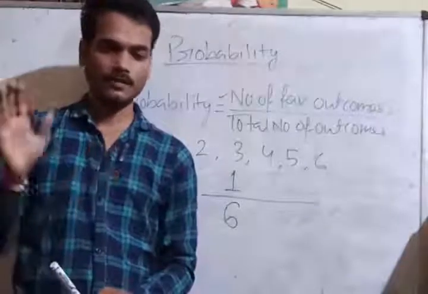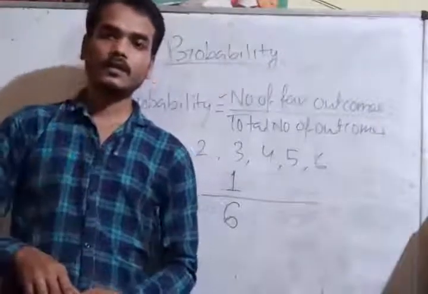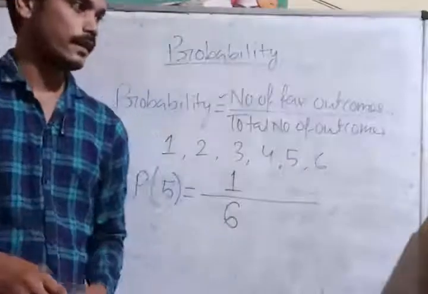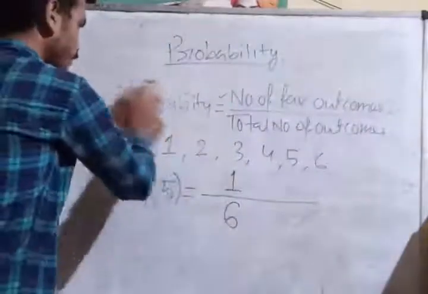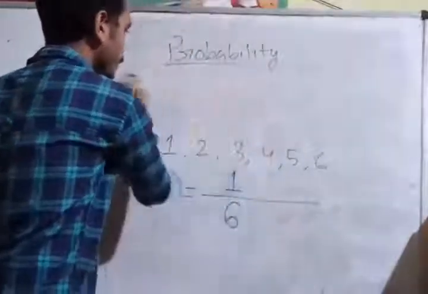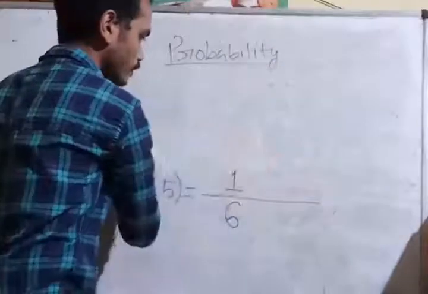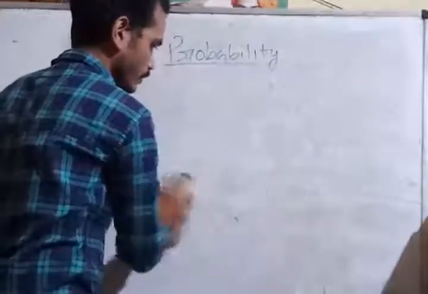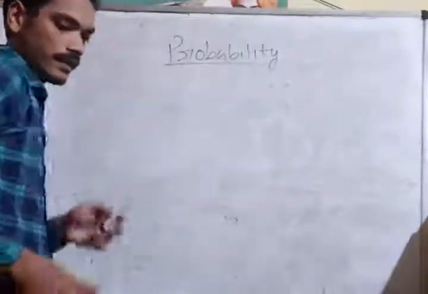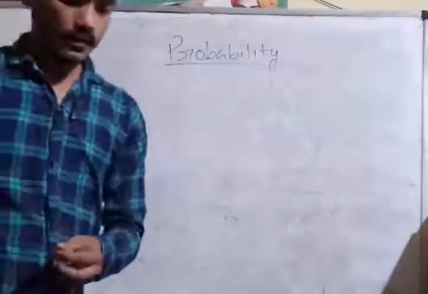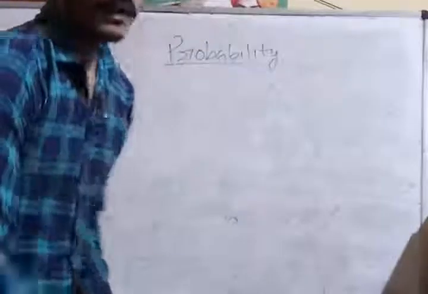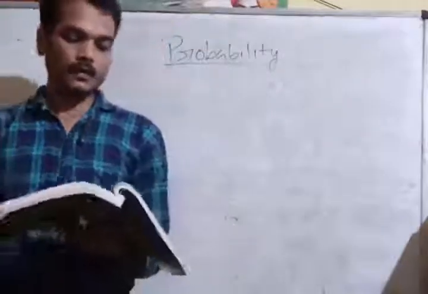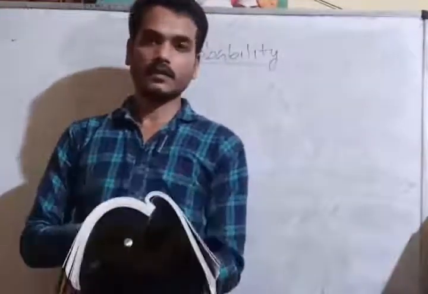This is very simple. Now exercise 3.4 is there. Let's see what is given in exercise 3.4, then you will understand it. In exercise 3.4, the first question is, tell whether the following is certain to happen, impossible, or can happen but not certain.